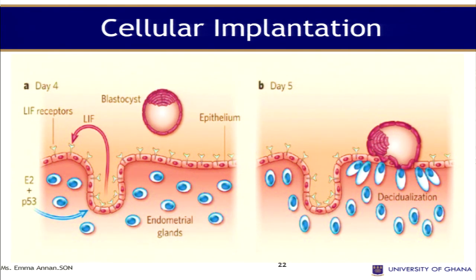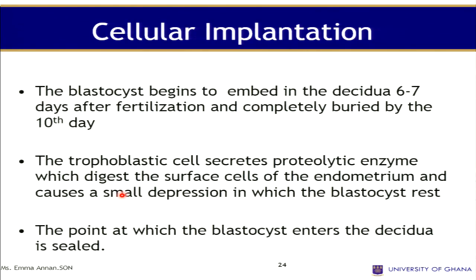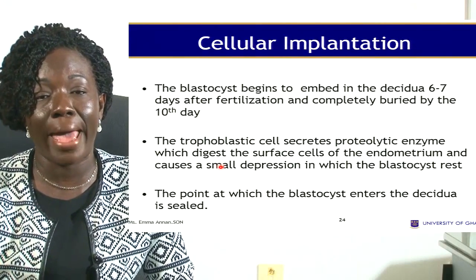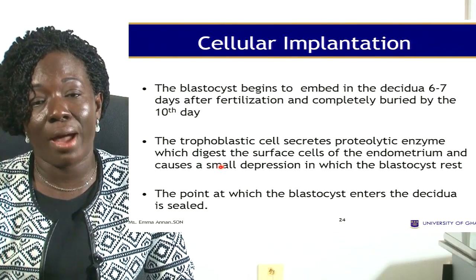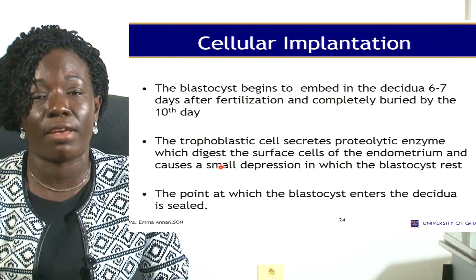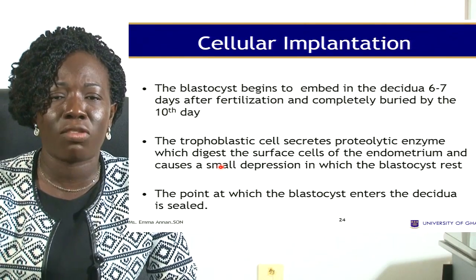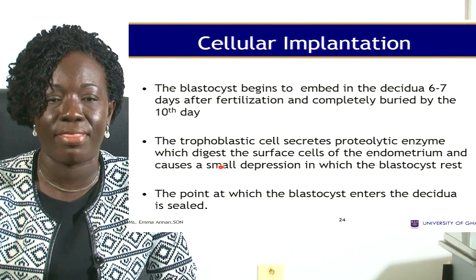As a result, the endometrium becomes very thick and highly vascular and is known as the decidua, ready for implantation. The blastocyst begins to embed in the decidua 6 to 7 days after fertilization and is completely buried by the 10th day.